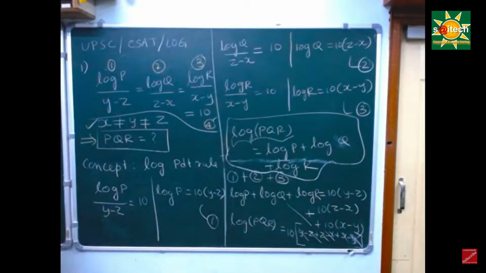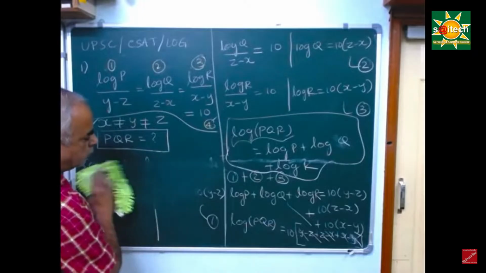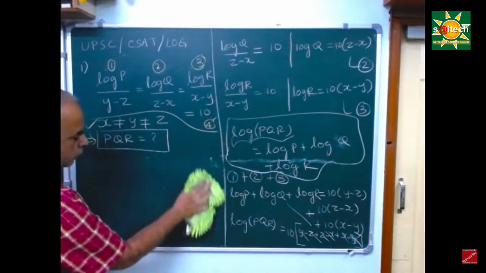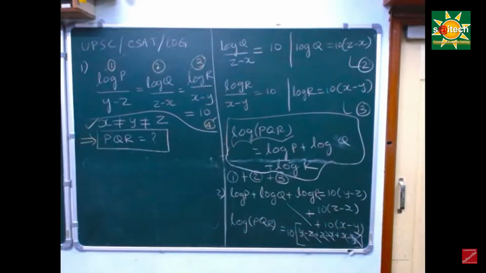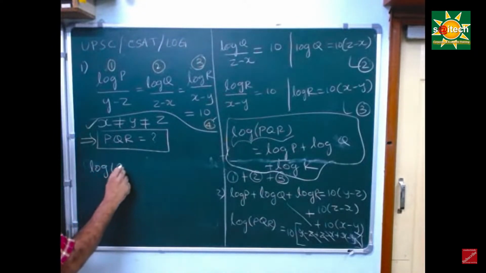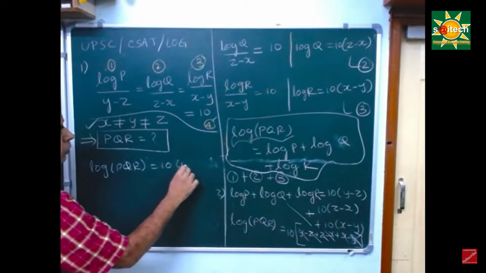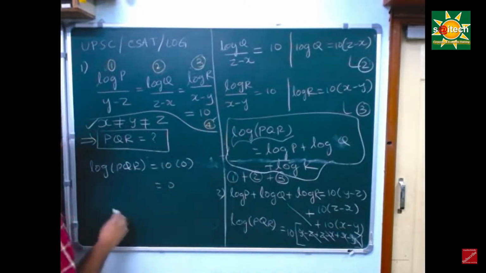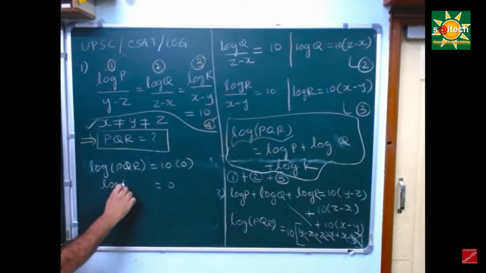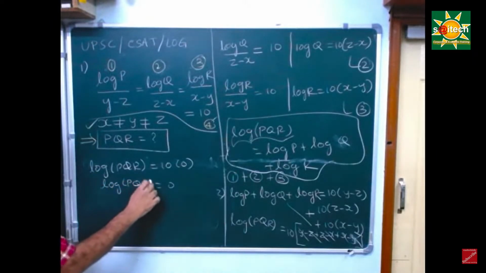Therefore we are getting log of PQR is equal to 10 into 0, that is equal to 0. So log of PQR is equal to 0.